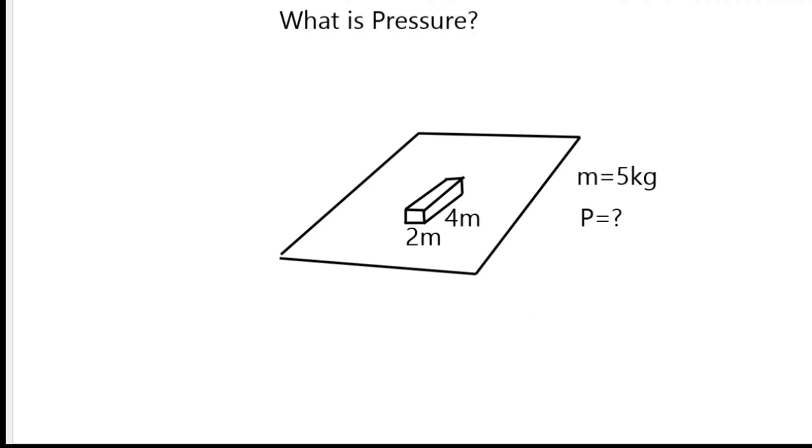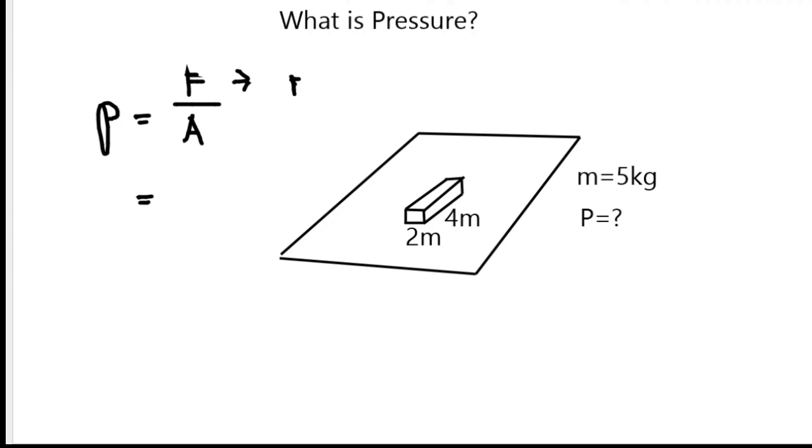Okay, now, to illustrate it, let's solve this problem. Let's say we have a rectangular object with length and width of 4 meters and 2 meters. We all know that pressure is force over area.